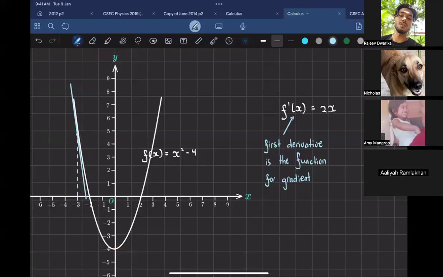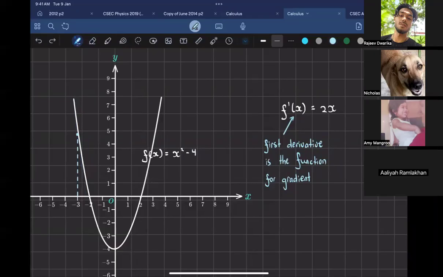Did you ever do that in school? To find the gradient of a curve in maths, you draw a tangent to the point and find the gradient of the tangent. Yeah, I think so. But we're doing hard maths now. We don't have to do that. We can just find the first derivative and plug it in.